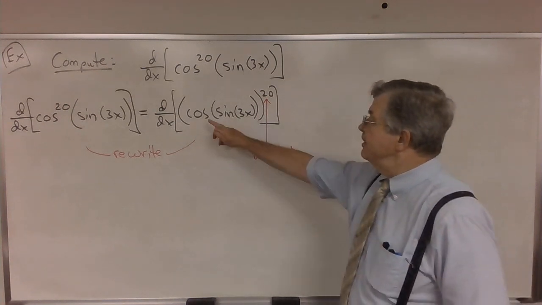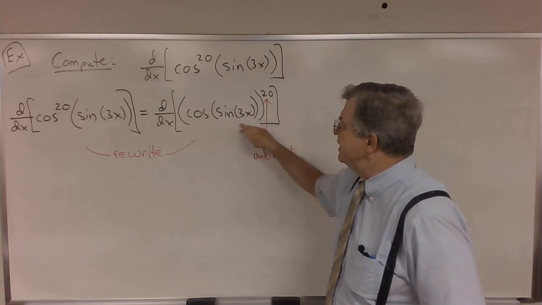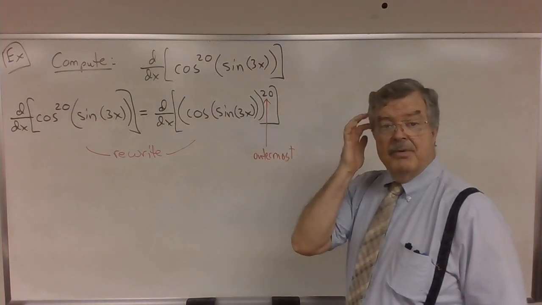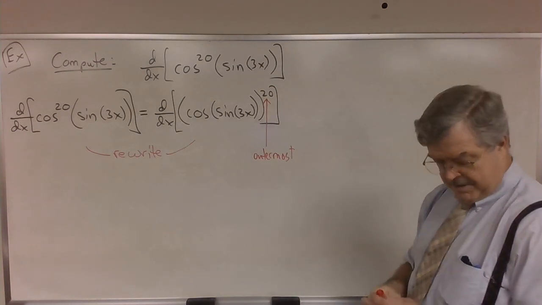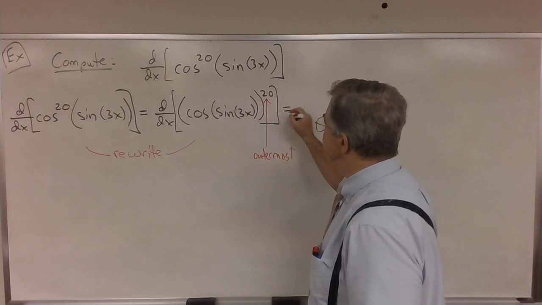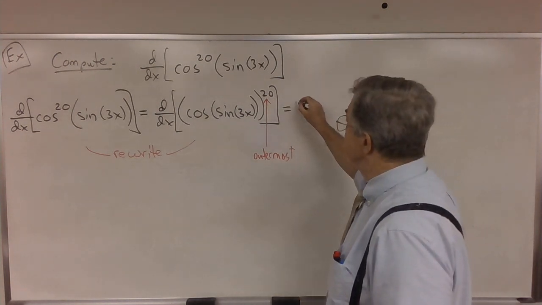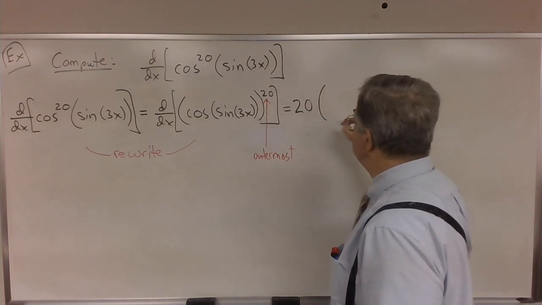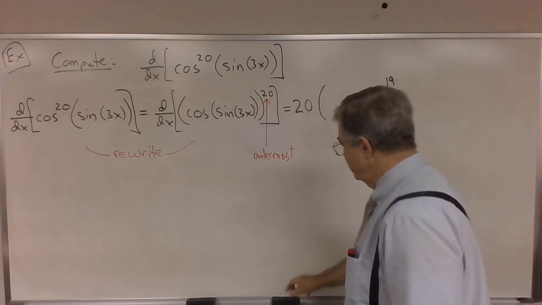So we have cosine evaluated at sine of 3x, that whole thing raised to the 20th power. It's a function raised to a power. So the derivative of the outermost function, which is the raising of something to the 20th power, is 20 times something raised to the 19th power.